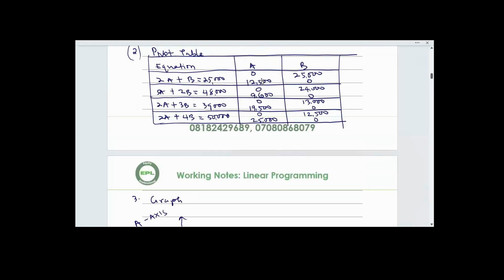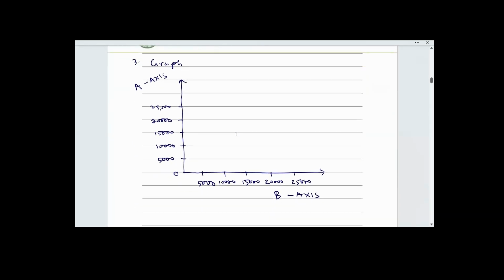The value in the first equation for A is 12,500. So where I have A, this is the A axis. I need to identify 12,500. 12,500 is in between 10,000 and 15,000. So let's say it's somewhere here.